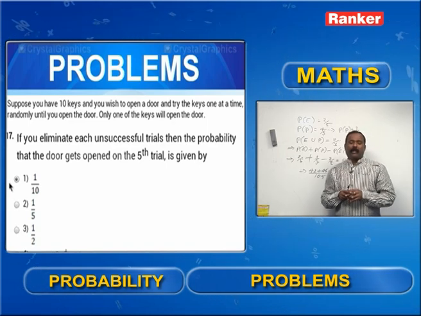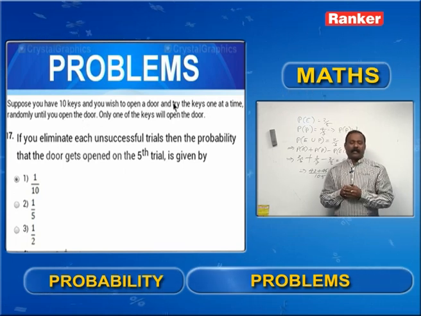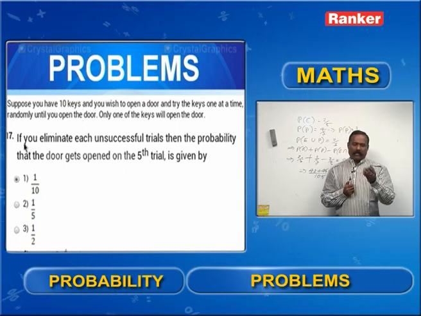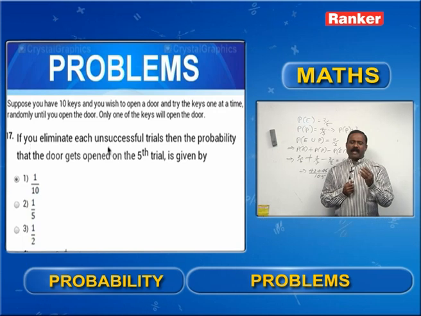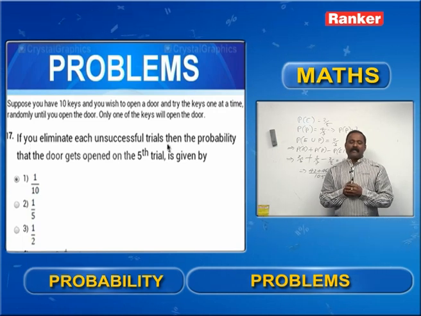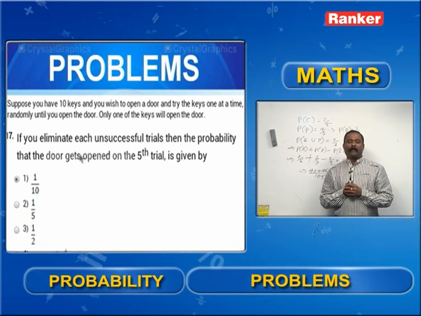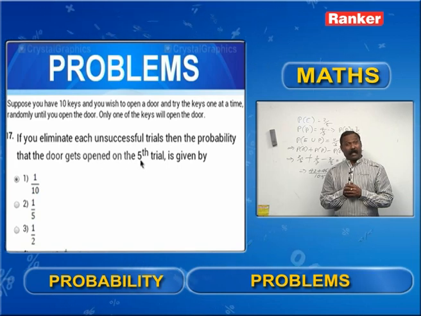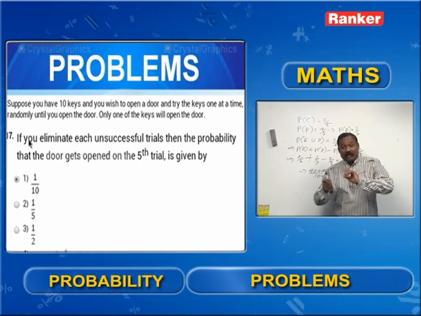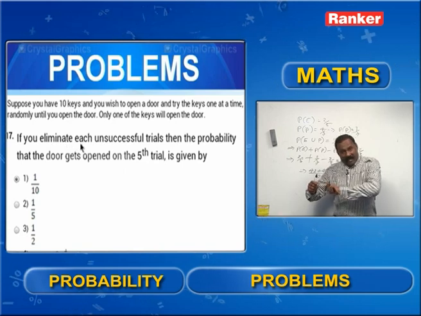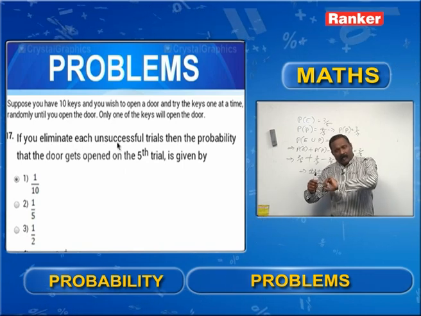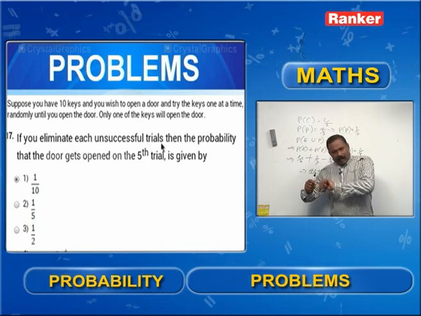Then what are the questions based on that passage? The question: if you eliminate each unsuccessful trial, then the probability that the door gets opened on the 5th trial is given by. We're discarding every try. That is, we tried one key and discarded, then 9 keys remain, then tried, discarded, then 8 keys remain.